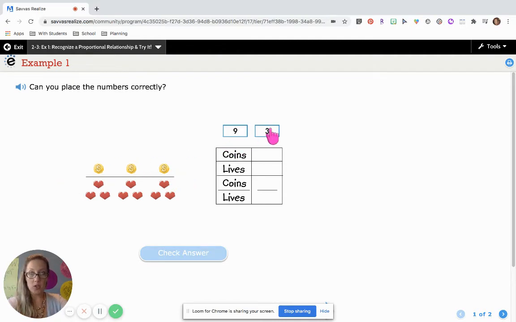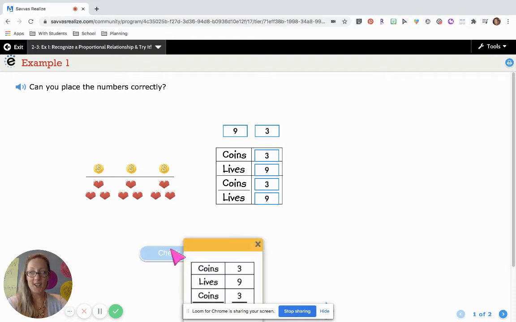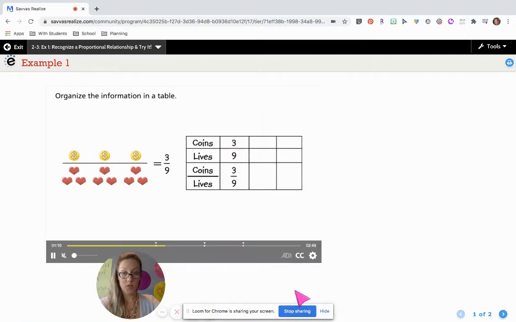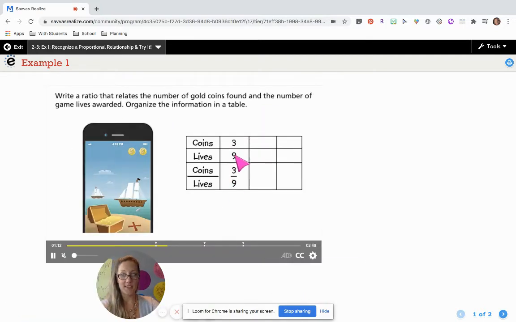Well, we found 3 coins. 3 coins gave us 9 lives. So we could write our ratio like 3 coins give us 9 lives. And we check our answer, and it tells us that we are just amazing and fantastic, but we already knew that. All right, so we figured this piece out.